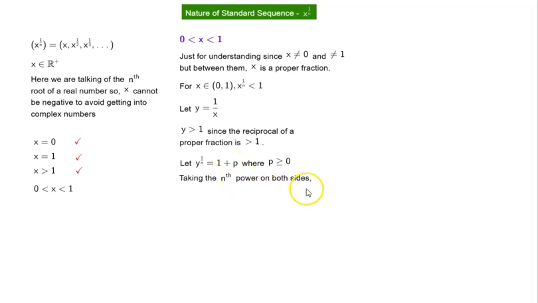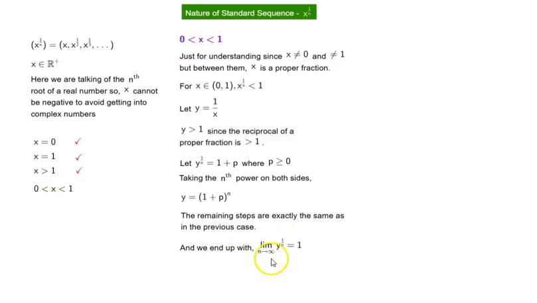So taking the nth power on both sides, we get y is equal to (1 plus p) to the power of n, and the remaining steps are exactly the same as in the previous case of x greater than 1. What we end up with is limit as n goes to infinity of y to the power of 1 by n is equal to 1.